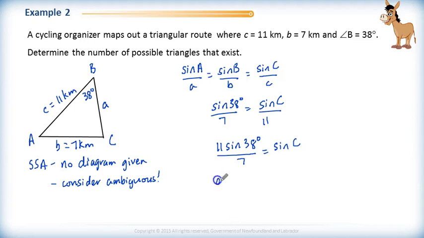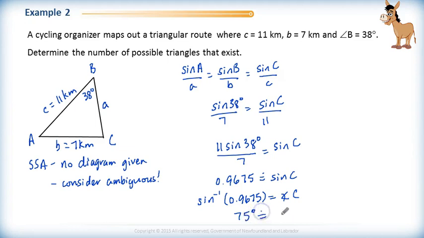So we have decimal 0.9675 approximately is equal to the sine of angle C. So inverse sine of 0.9675 is what we have to do to get angle C. Now, I'll round to the nearest degree because that's what the problem used for angle B. So angle C is approximately 75 degrees.